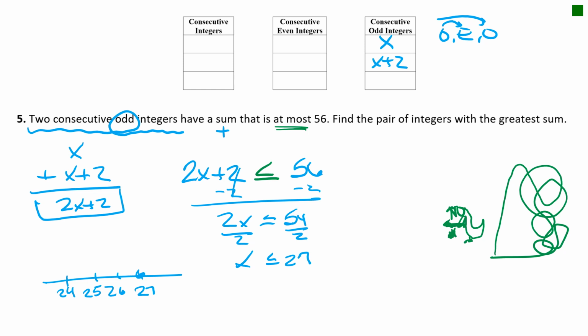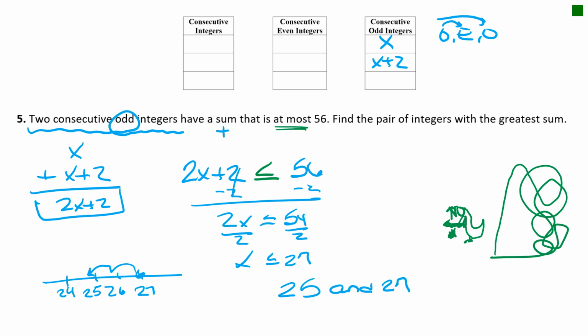So it says find the pair of integers with the greatest sum. So what that means is if x is 27, what's the next odd integer that would give me at most 56? So my numbers are going to be 25 and 27. That one's craziness.